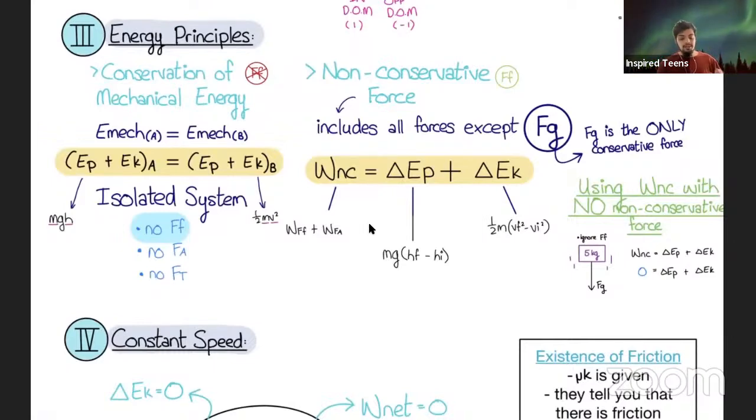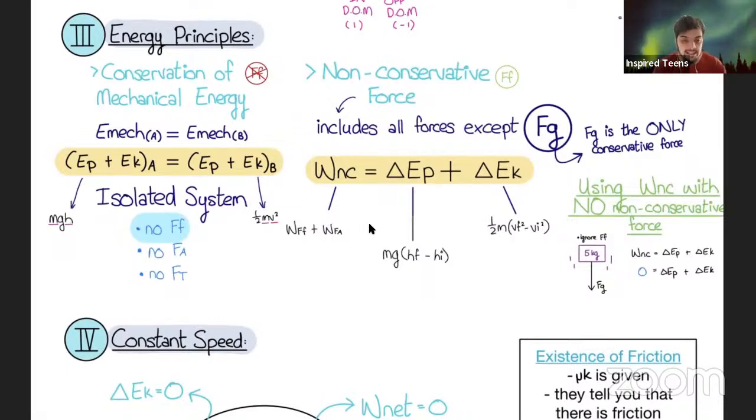This is what I want you to do. If you're still new to the section, or even if you have practiced the section, whenever you are doing a question, ask yourself: does the system in the question have friction, or does it not have friction?